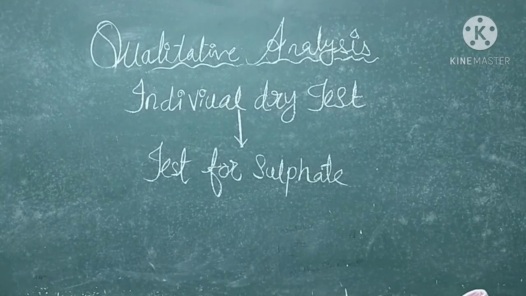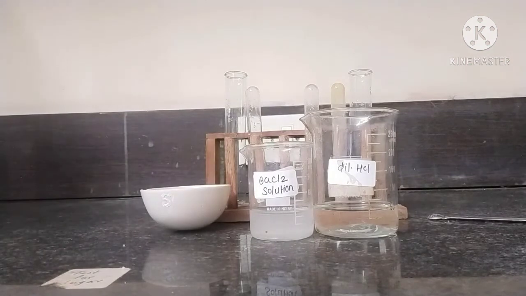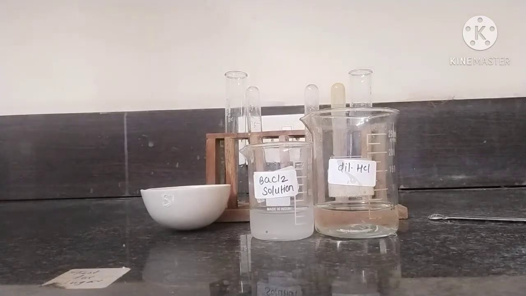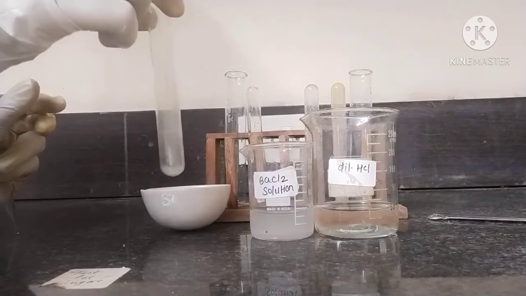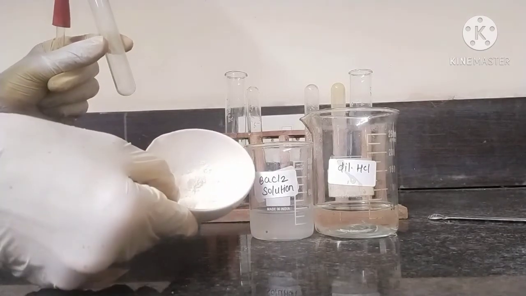In the acidic radical analysis, we have to perform the next test, that is the individual wet test. In this, we perform the test for sulfate. Let's start the procedure. Take one dry test tube and add the given unknown mixture of salt.